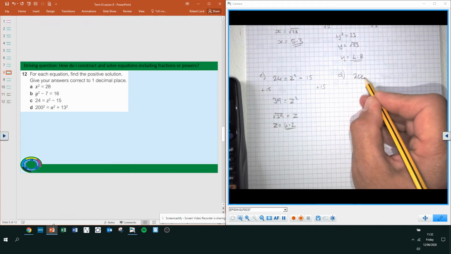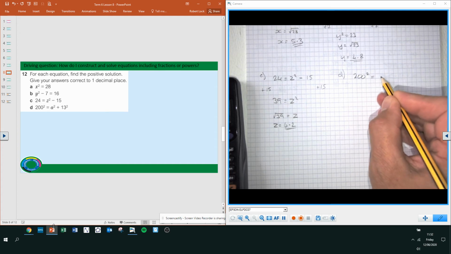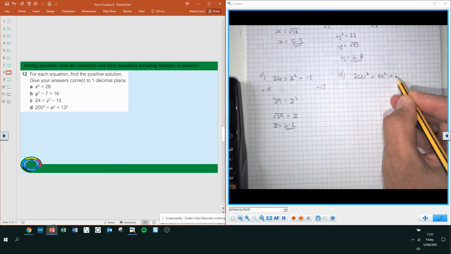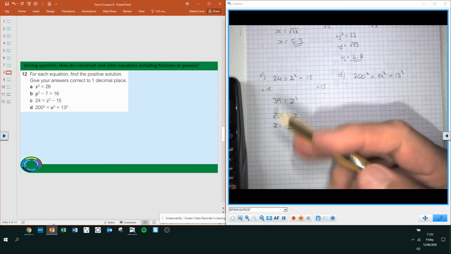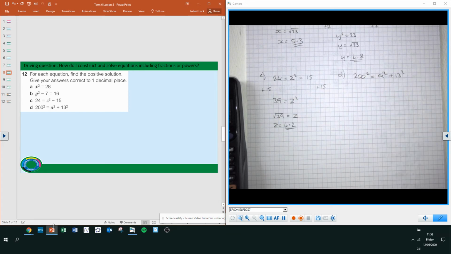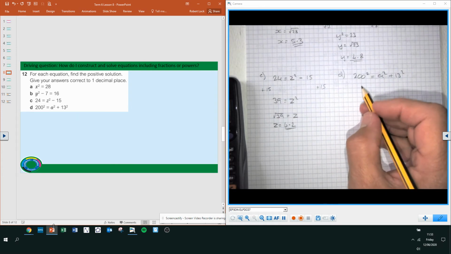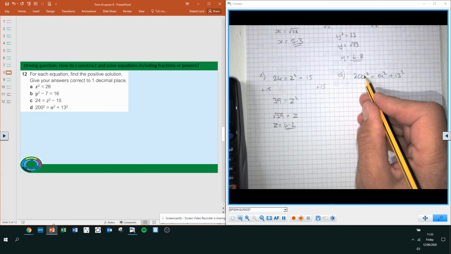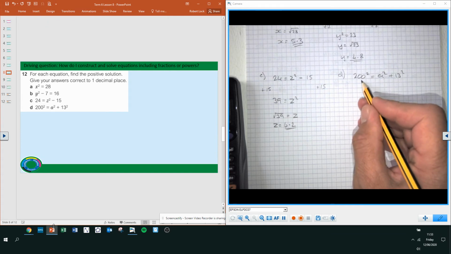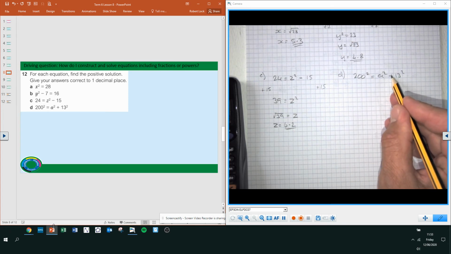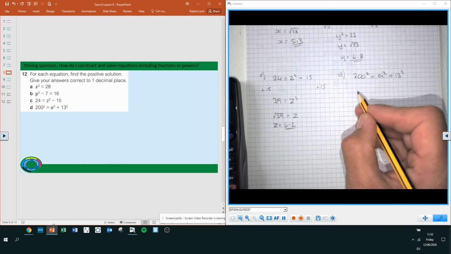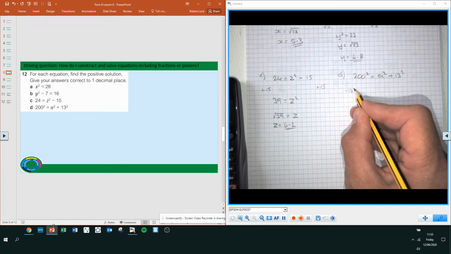20 squared equals a squared plus 13 squared. You go back to that graphic calculator and you can put that straight in there. Be prepared to try and find the answer. So 20 squared, you can keep it as that, because all you need to do is put minus 13 squared on both sides.